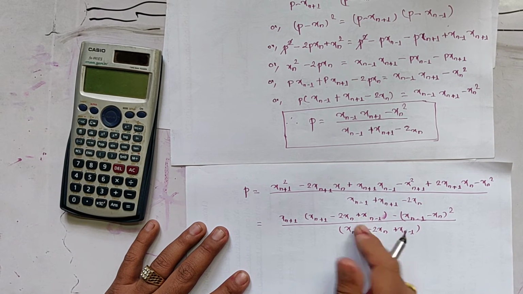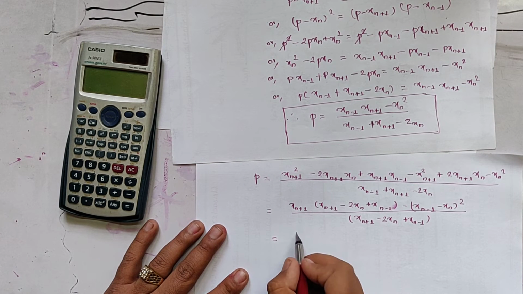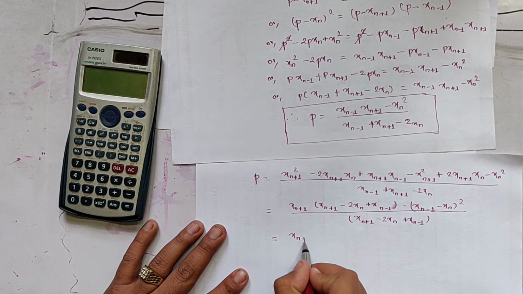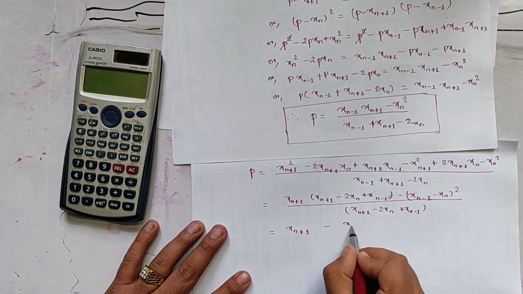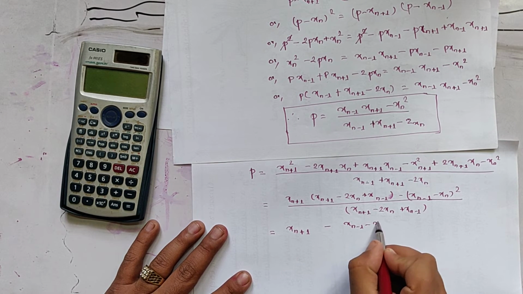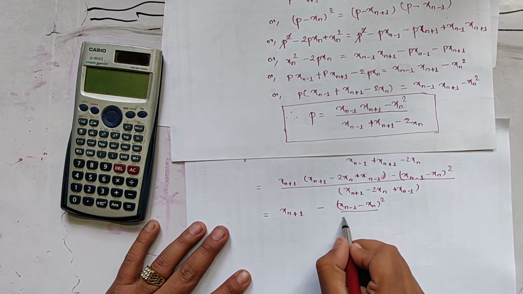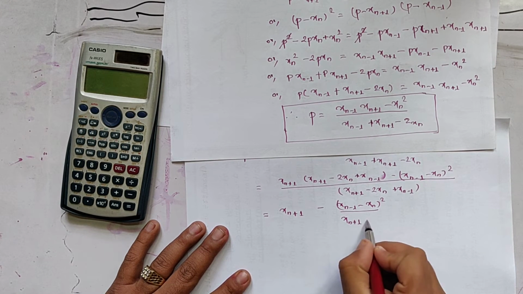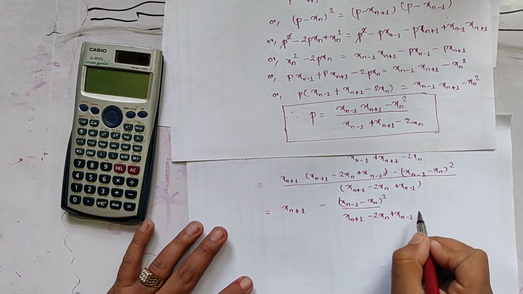So this term and this term are same, so we get xn plus 1 minus xn minus 1 minus xn whole square divided by xn plus 1 minus 2xn plus xn minus 1.